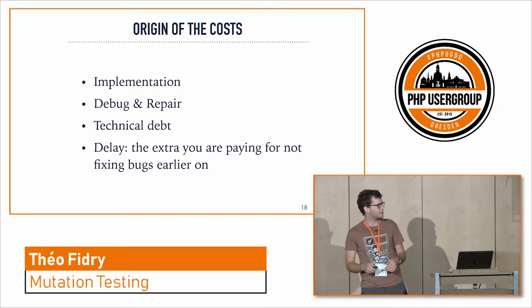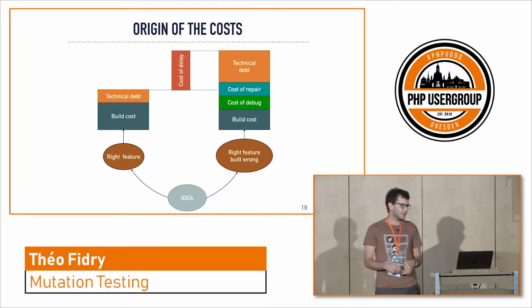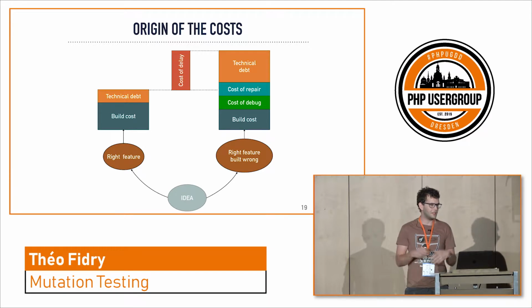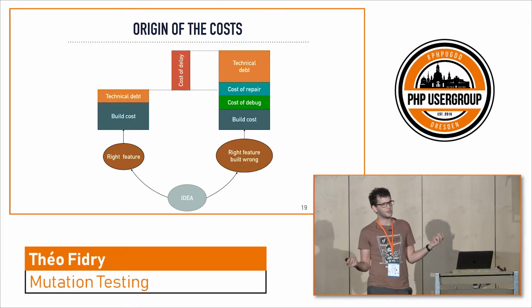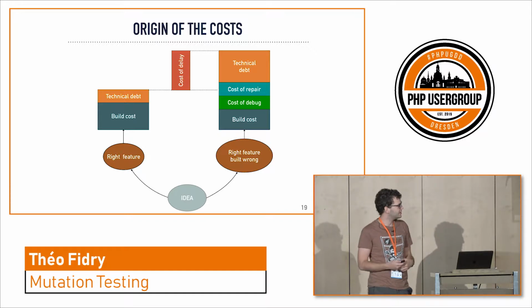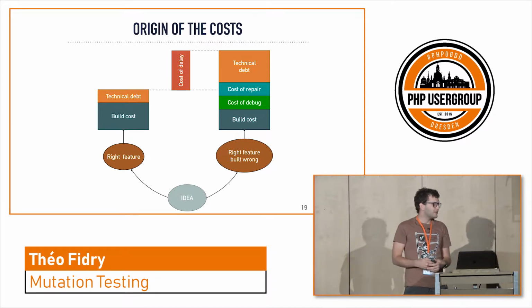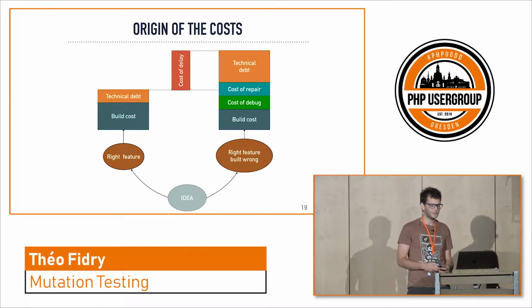So if we were to illustrate that, you start from your idea, you build your feature without caring much about quality, so you have your build cost, and then there are going to be bugs for sure, because you didn't care much about quality, so you have that cost of repair and debugging. Then you get that technical debt, and how big it is depends on how bad the code you wrote is.